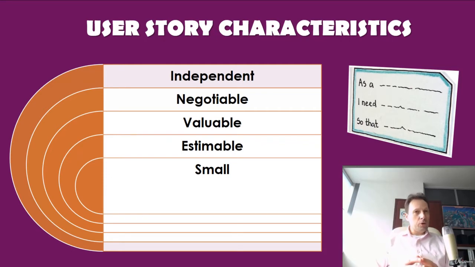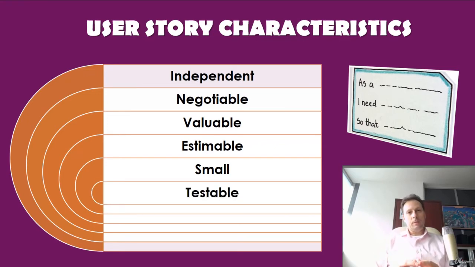Small user stories are easy to plan and low risk. As I mentioned earlier, teams are more productive when stories are small and evenly sized. And lastly, testable. The user story should be written in such a way that the test can be developed and the team can validate that the user story has been developed correctly.